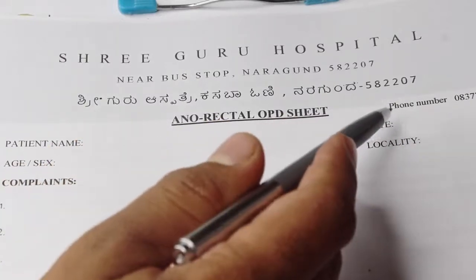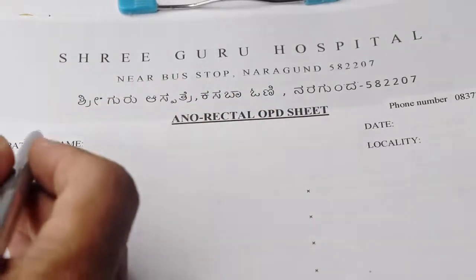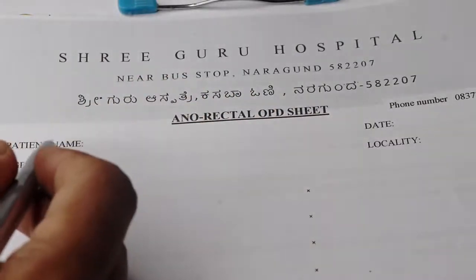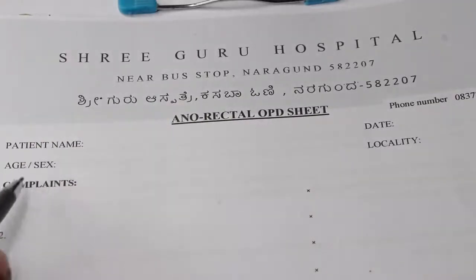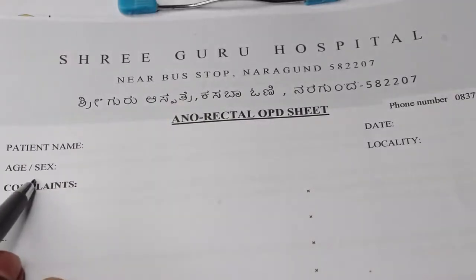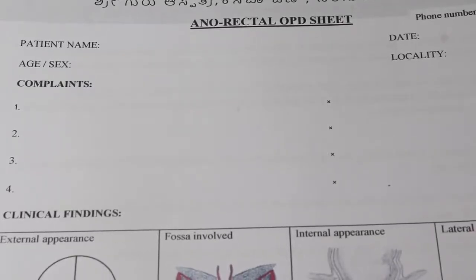At the corner, the emergency phone number of the hospital is given, and next to that there is general information about the patient: name, age and sex, locality and date. Afterwards we come to the complaints here.